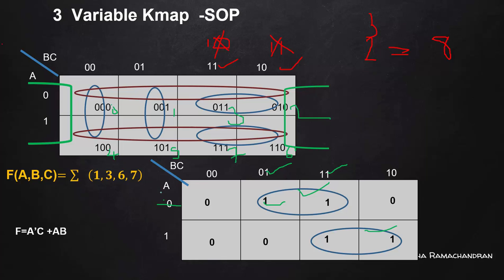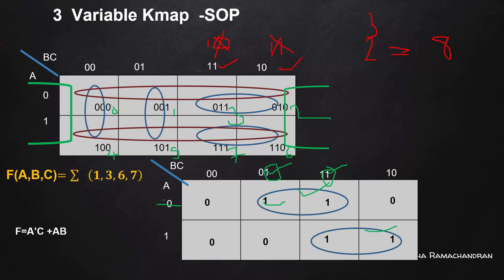Here A with value 0, so mark A complement. And here this group is indicated by A complement and C. Here C with value 1, which is common here and here. So use the original form of C. And these two variables are combined using logical AND and generate the min term.